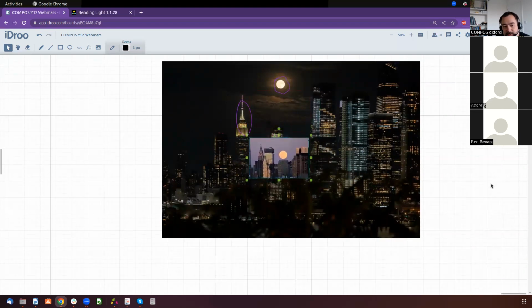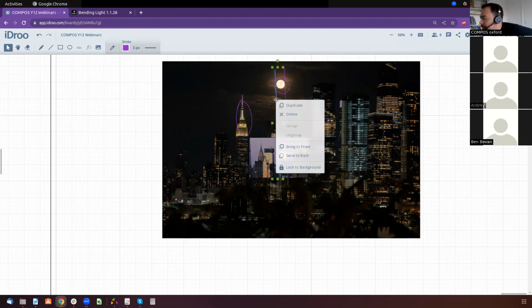So if you think about it, the size of the moon has to be the same. There's no way the moon can be a different size in different parts of the sky. You will often see that, oh, it is a super moon, and it looks huge.